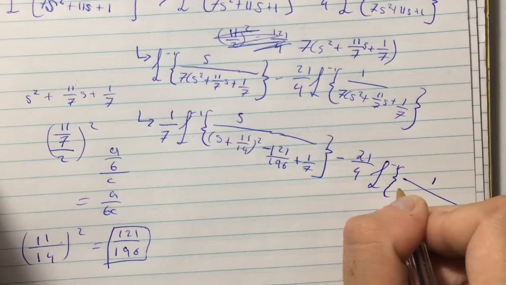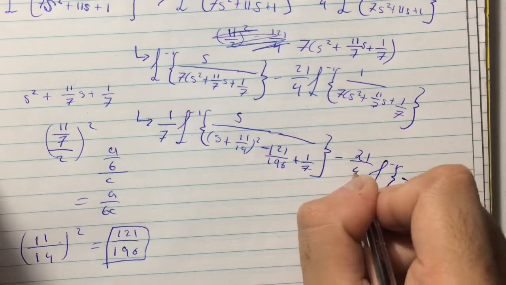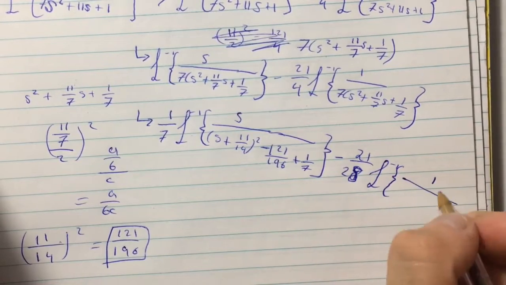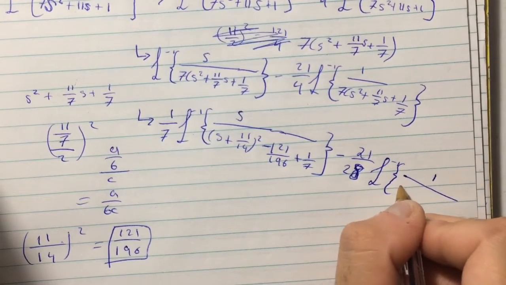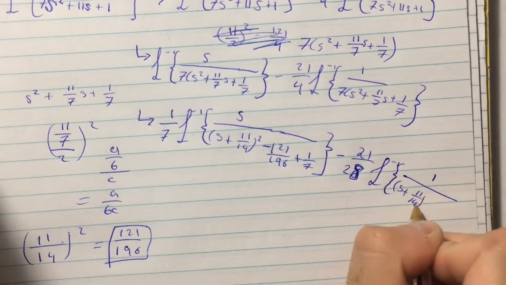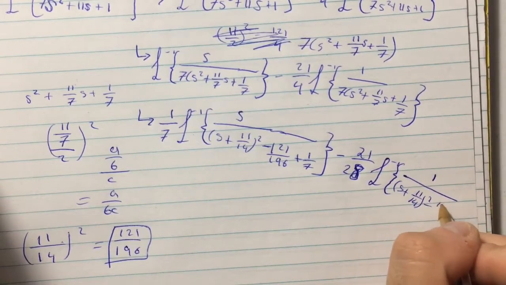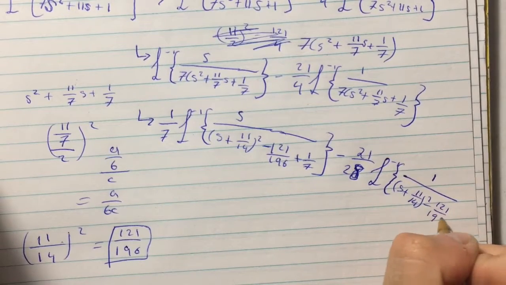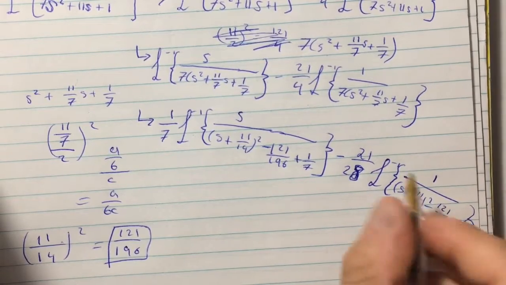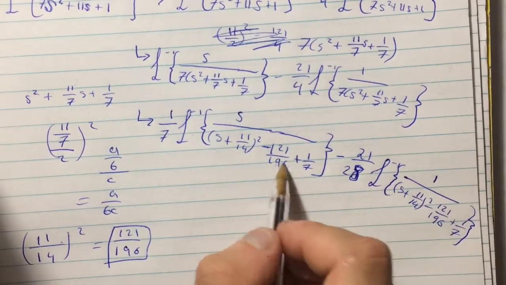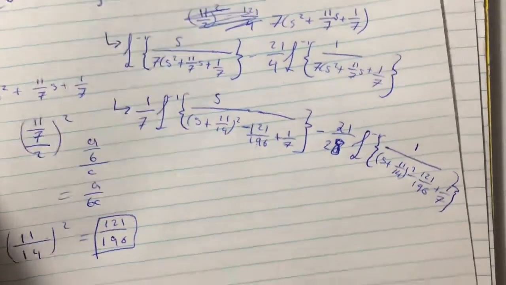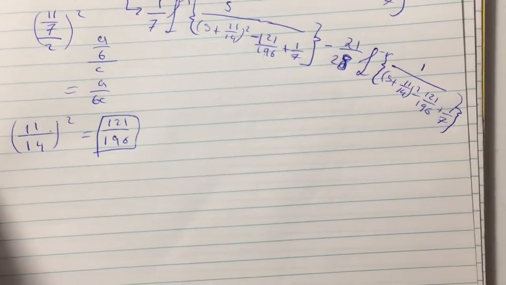That's 1 over, and that's the 7 out the front now, so 7 times 4, that's 28. So 21 over 28, and then s plus 11 over 14 squared minus 121 over 196 plus 1 over 7. And obviously, this is just completing the square, right? So I minus 121 over 196 because I just added it. So that's the reasoning behind that.